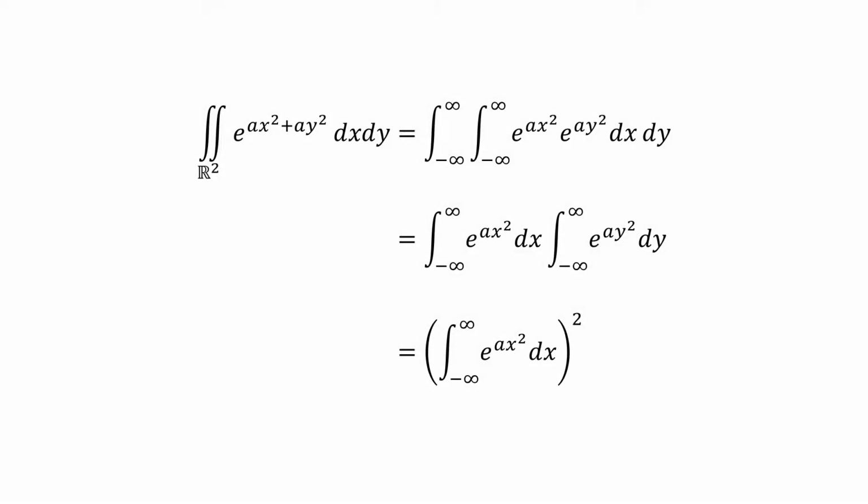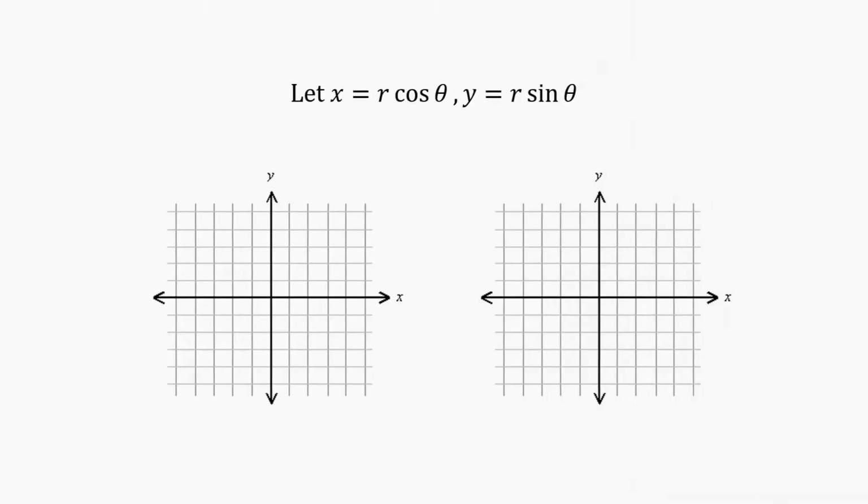Let's put aside this integral for a while and consider the double integral of e to the power of minus ax squared plus ay squared. Because this integral can be transformed into the square of the integral we want. It is observed that the range of this integral is the whole plane. So, for this plane, we can establish both a Cartesian coordinate system and a polar coordinate system.